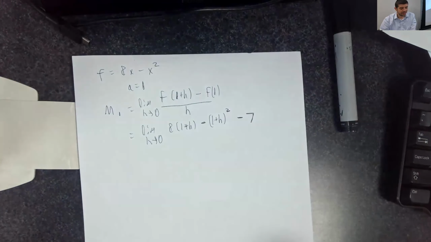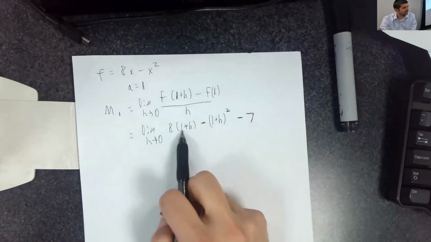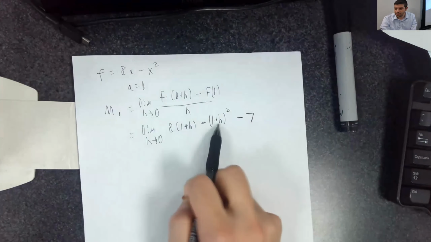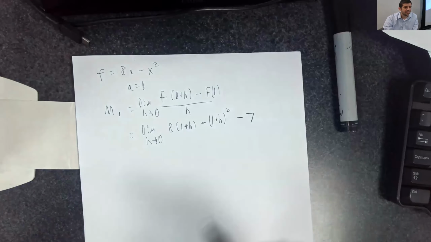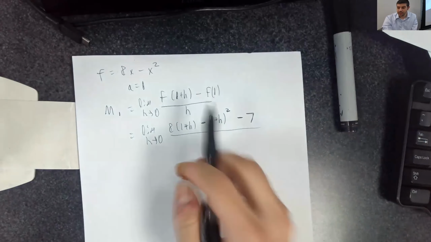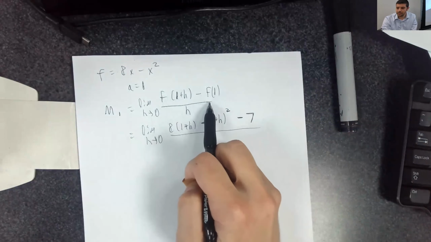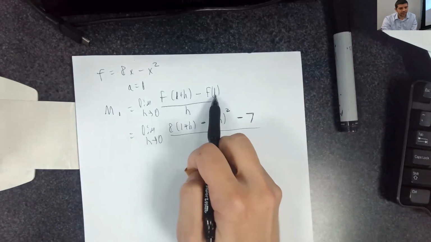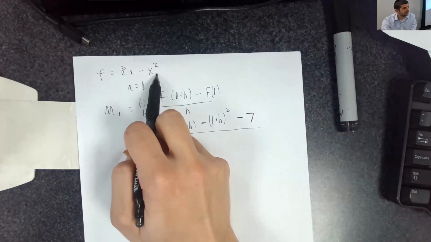So very important. All the errors come here, where students can't plug in 1 plus h. Weird things happen. Oh, I plugged in 1. In the formula for the slope, it's f of 1 here.